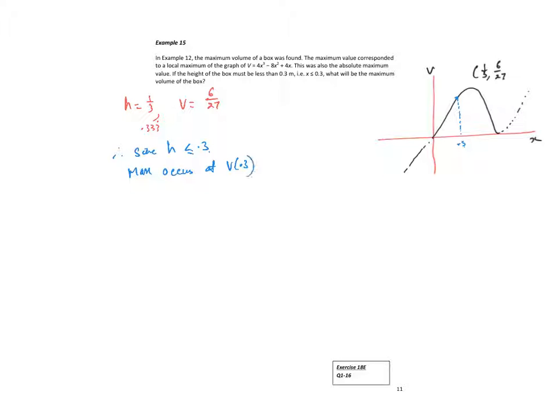In other words, if I substitute 0.3 into that rule, 4 times 0.3 cubed minus 8 times 0.3 squared, plus 4 times 0.3, and that's equal to 0.588, which is actually 147 on 250.